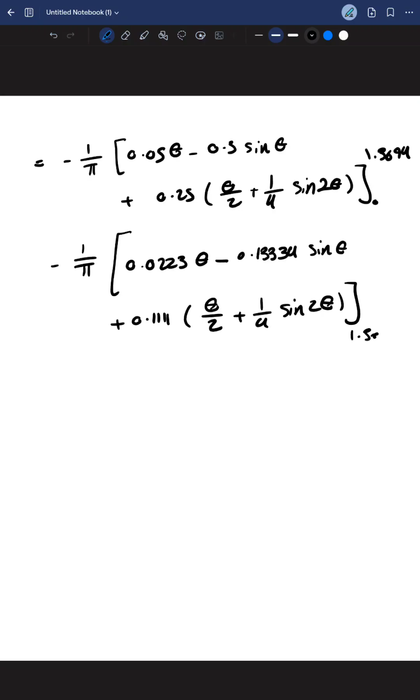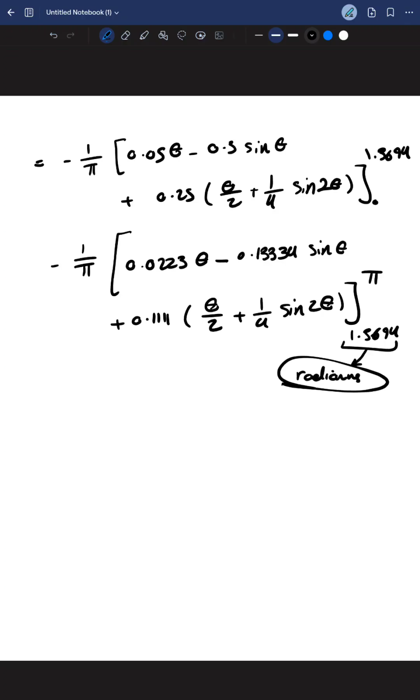This time from 1.3694 to pi. And this is the rest of it, just plug and chug. Again, you have to keep in mind that this is in radians. You have to make sure that you are clear on this point specifically.